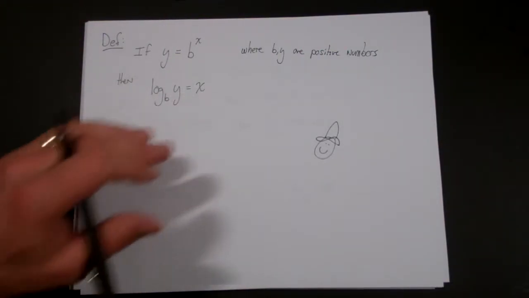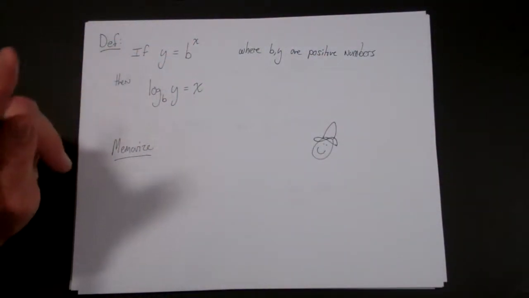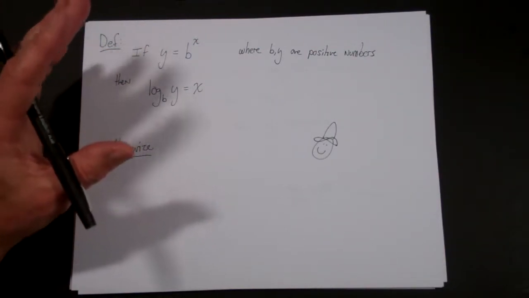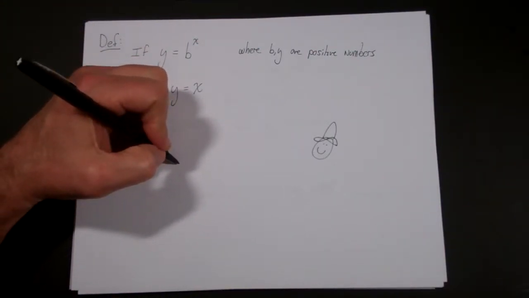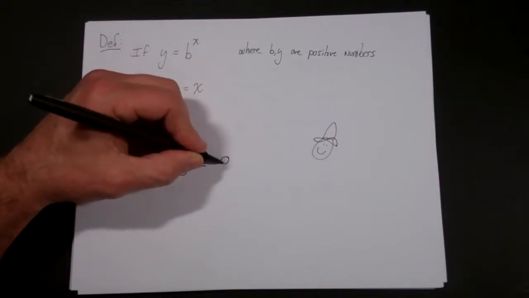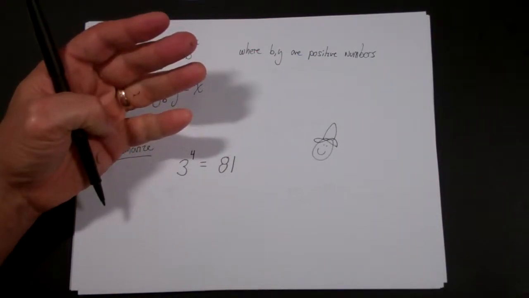Now this formula I've always found a little hard to memorize, so what I do is I pick one log that's pretty easy, and it doesn't necessarily matter which one you pick. The one that I picked way back when I first learned this was 3 to the 4th is 81, because 3 times 3 times 3 times 3 is 81.